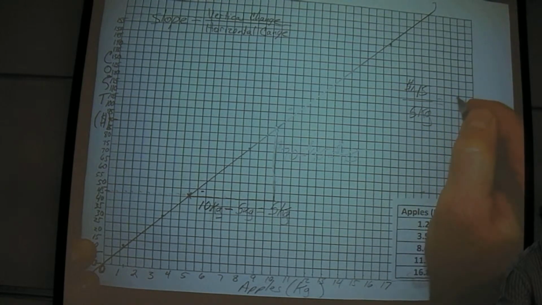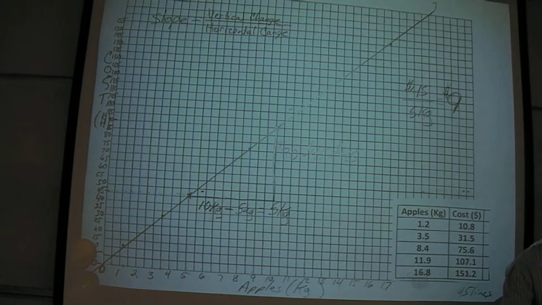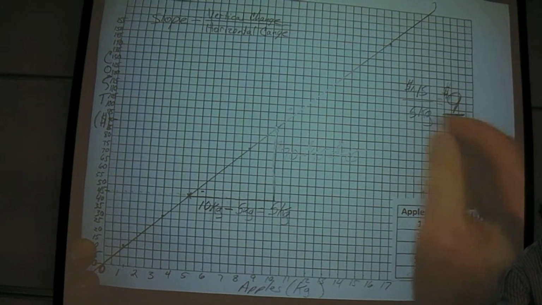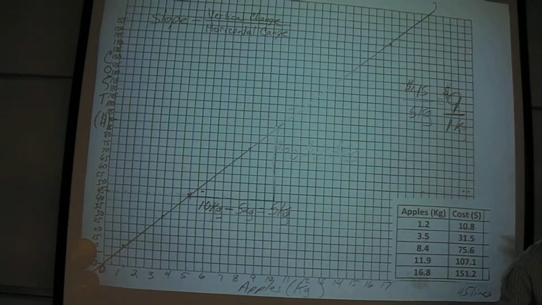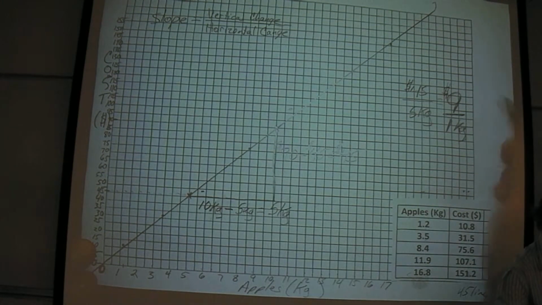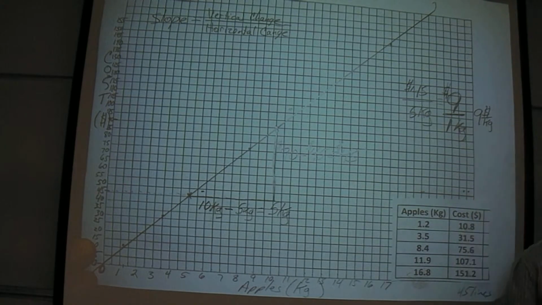And that will give me the value of $9 on the top over 1 kilogram on the bottom. That can also be written as just $9 per kilogram.